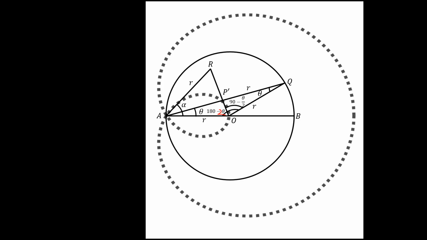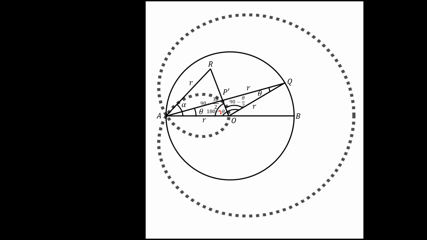Now this angle here is going to be equal to 180 degrees minus 2 theta minus (90 degrees minus theta over 2), which obviously means that this angle here is going to be 90 degrees minus 3 theta over 2.